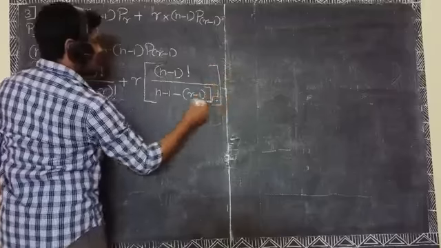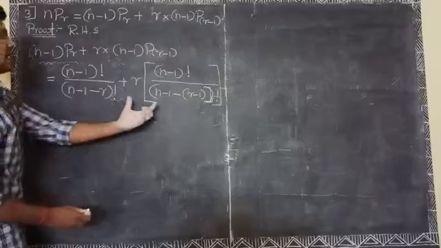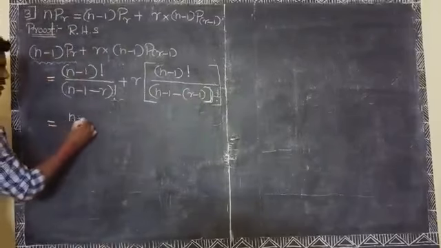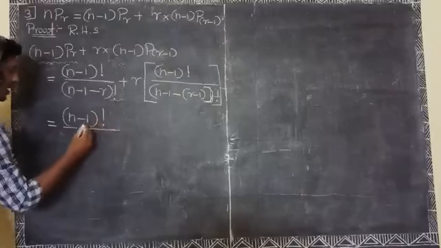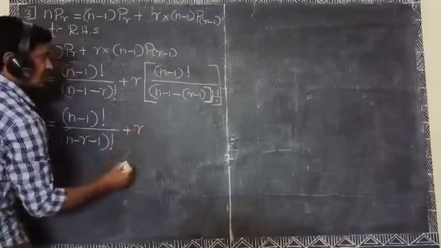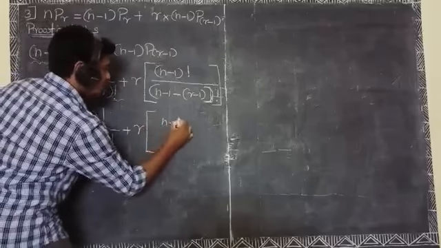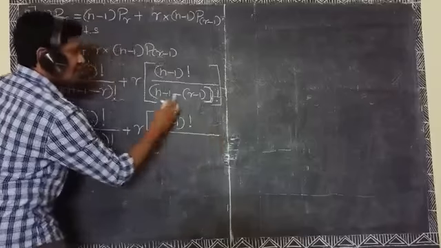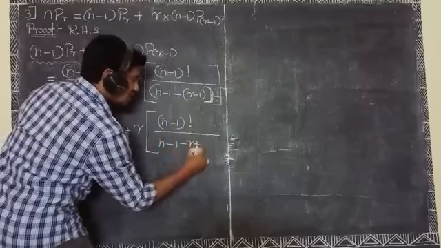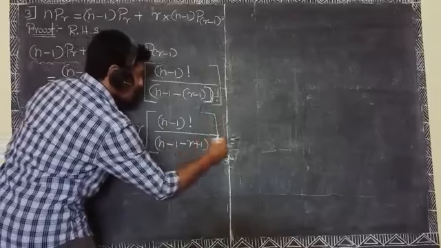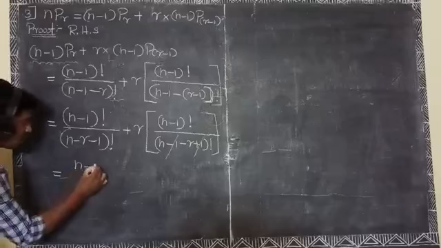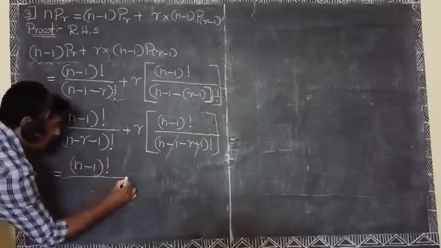Here, (n minus 1) factorial divided by (n minus r) factorial plus r into (n minus 1) factorial divided by (n minus 1 minus r minus of minus plus 1) factorial. Here minus 1 plus 1 are cancelled.